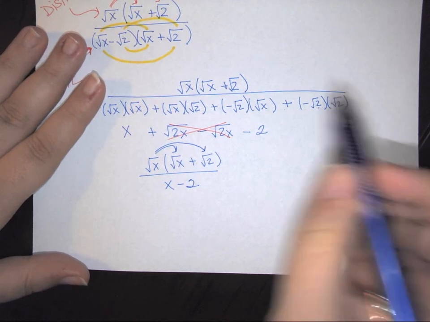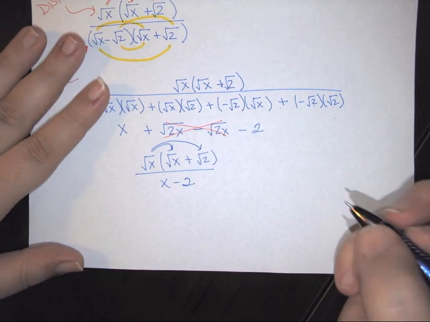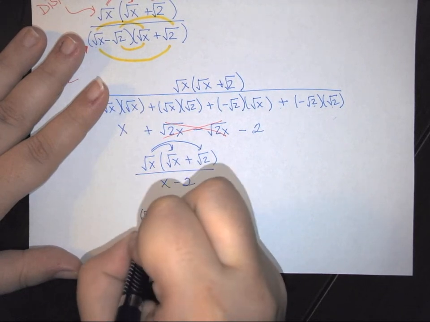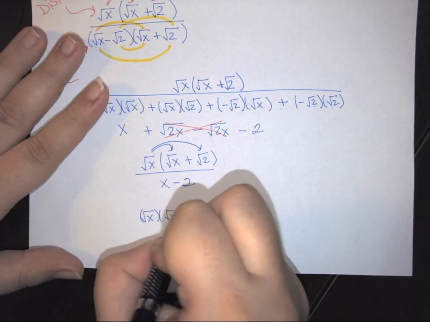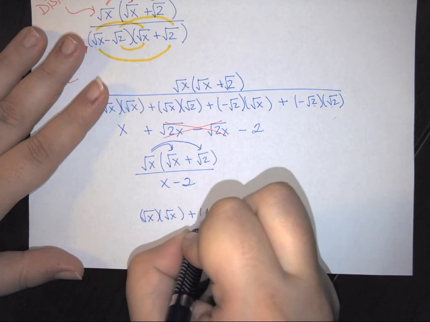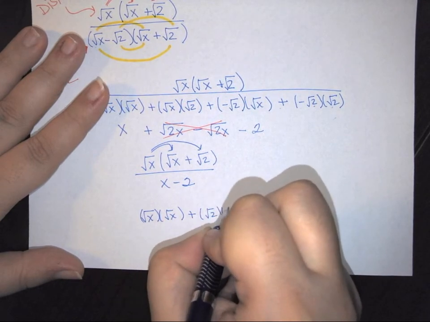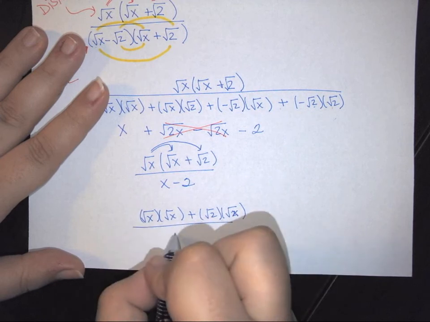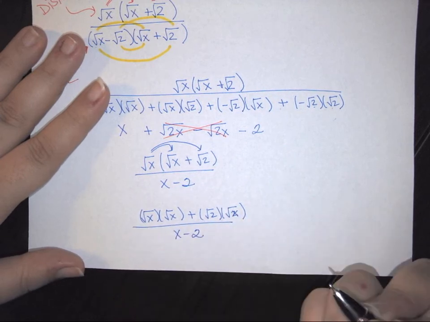So I have to distribute in. This is going to become the square root of x times the square root of x plus the square root of 2 times the square root of x, and the whole thing is over x minus 2.